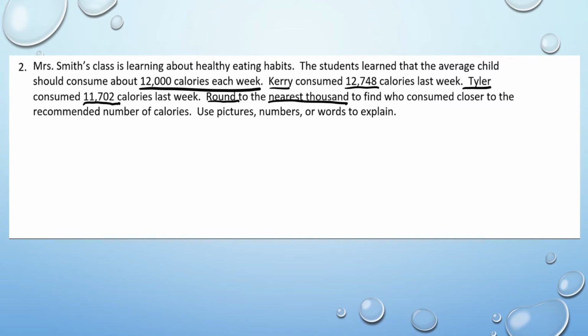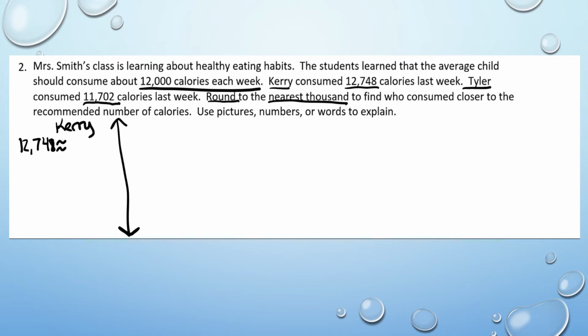So first, I'm going to go back to the problem and check what I have to do. I have to round to the nearest 1,000, so I'm going to do Carrie's first. I'm going to make a vertical line for Carrie, and I'm going to label it so that I know this is Carrie. Her original number was 12,748.